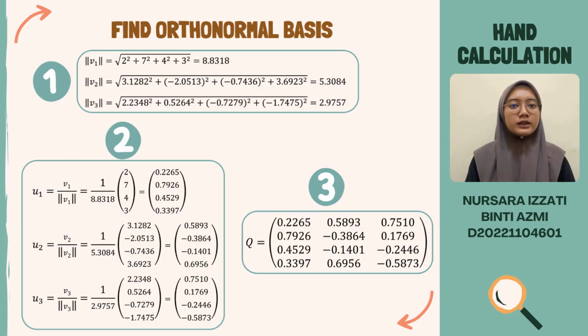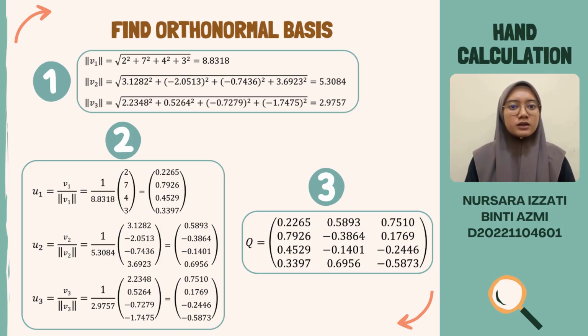To obtain a unit vector, we normalize the vector. Normalization means dividing the vector by its norm. We define u1 as v1 divided by the norm of v1. Substituting the values, the result of u1 is 0.2265, 0.7926, 0.4529, and 0.3397. Similarly, we normalize v2. We get 0.5893, negative 0.3864, negative 0.1401, and 0.6956.